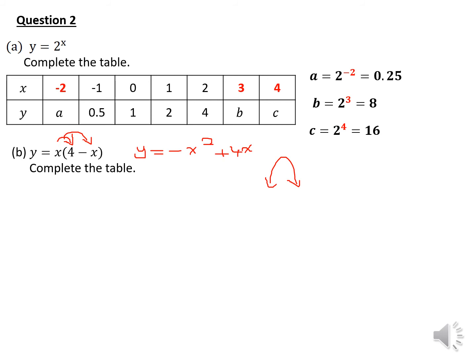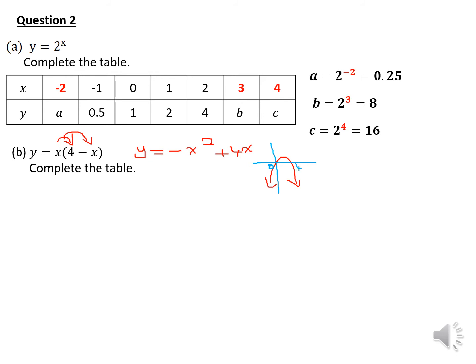Another thing it tells me is that this parabola has no value of c, no y-intercept, so it's going to pass the x-axis at 0. I'm going to expect it to pass at 0 here, and then the other point is going to be perhaps 4.